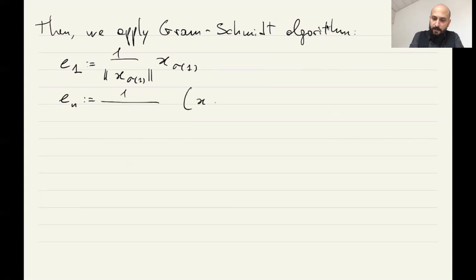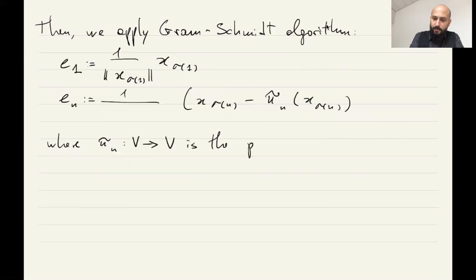The element x sigma n minus the projection of it, where pi n is from V to V, is the orthogonal projection onto the previous span.